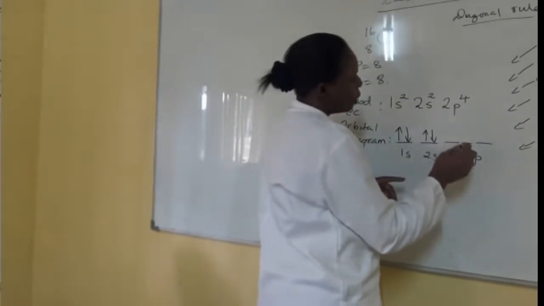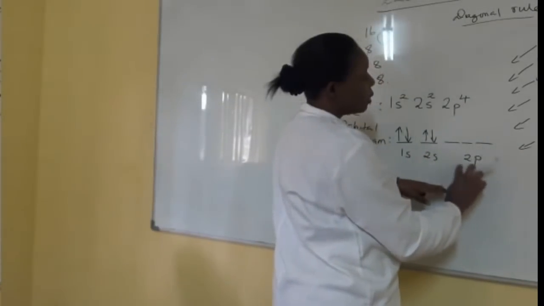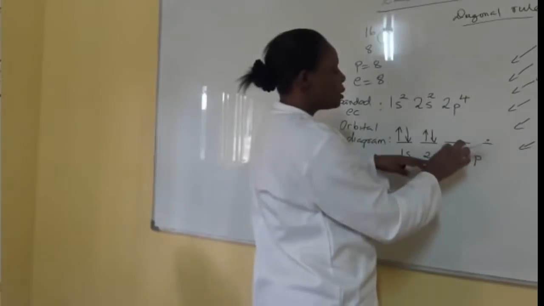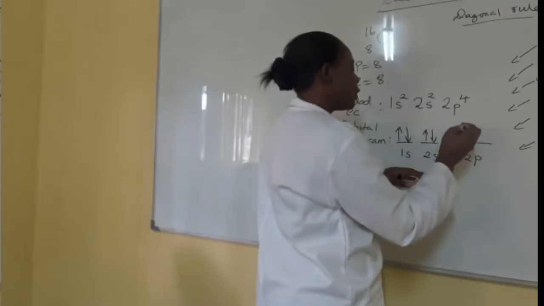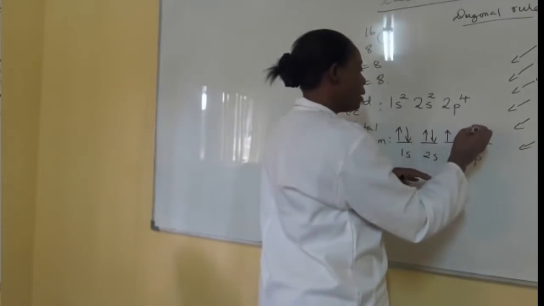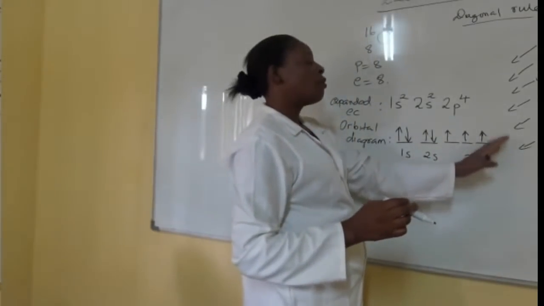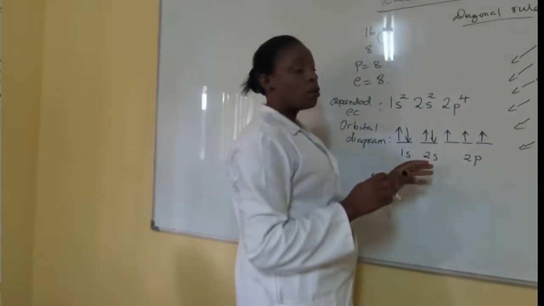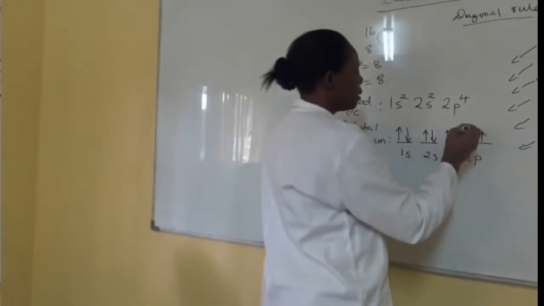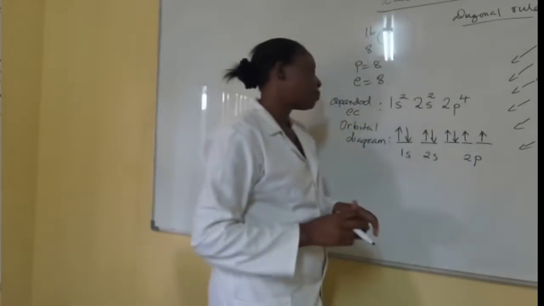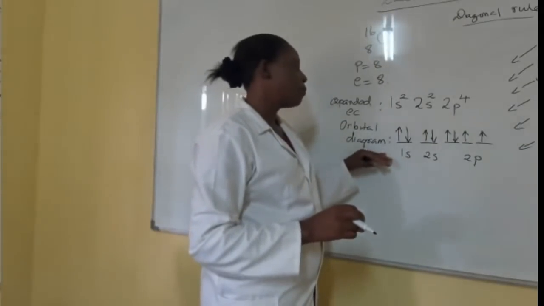Since these orbitals are all in the same energy level 2, they are degenerate, and as such, electrons will occupy the same spin direction up to the end. And if you have extra electrons, you can come back and start filling with the opposite spin direction. So this is the orbital diagram.